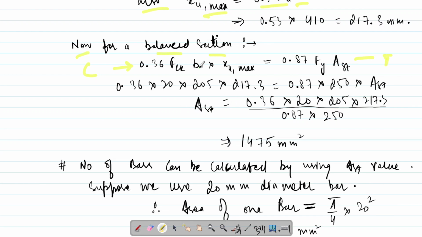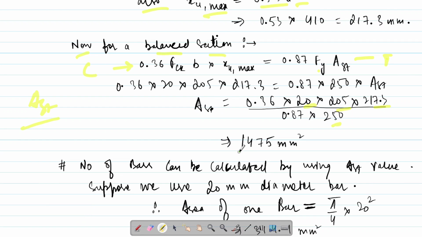From here we can calculate the area of steel in tension that is asked in the question. So the area of steel can be calculated as we put all the values here in the denominator. So 0.36 into fck value 20, and the b value is 205 and xu max value is 217.3, and on the denominator side 0.87 into fy value, which is 250.